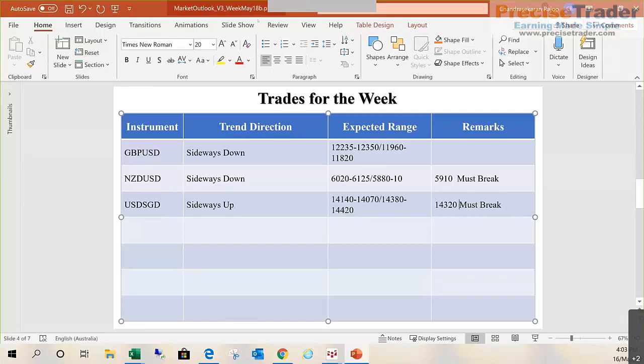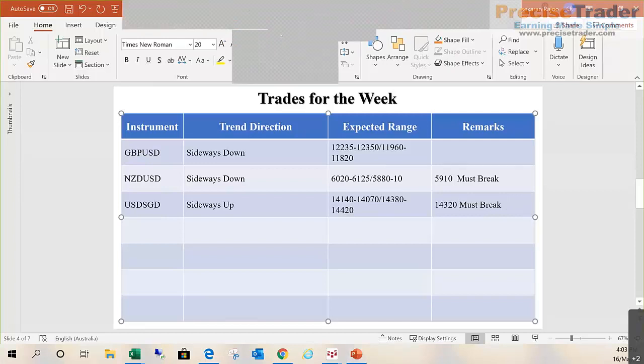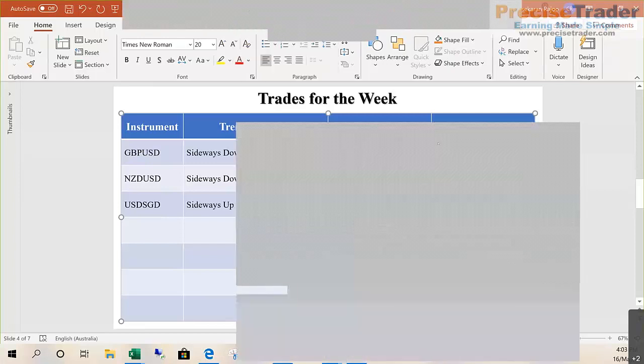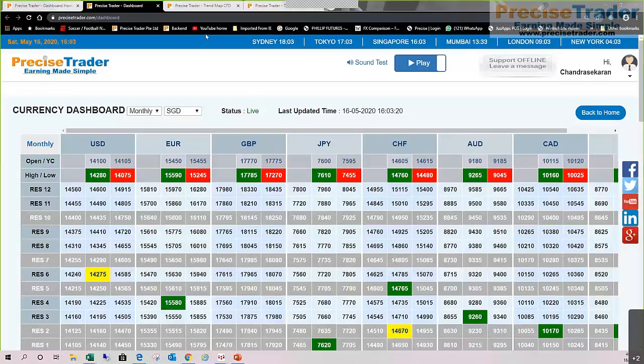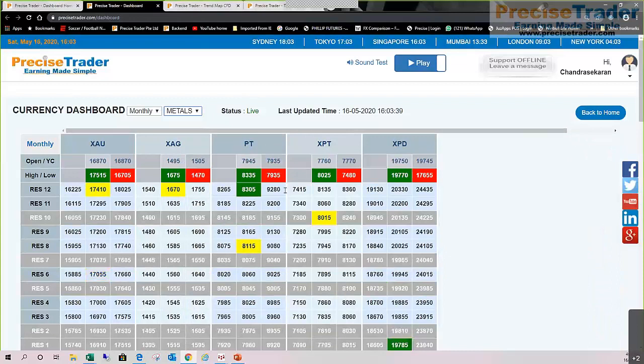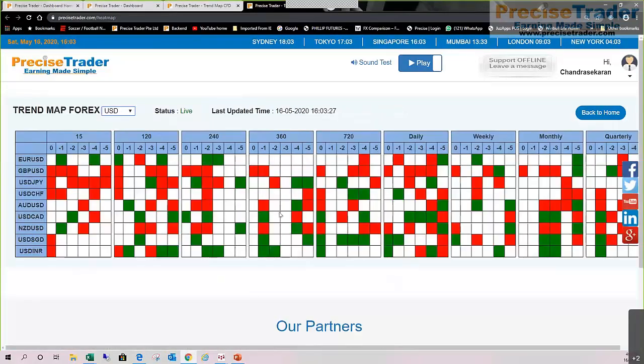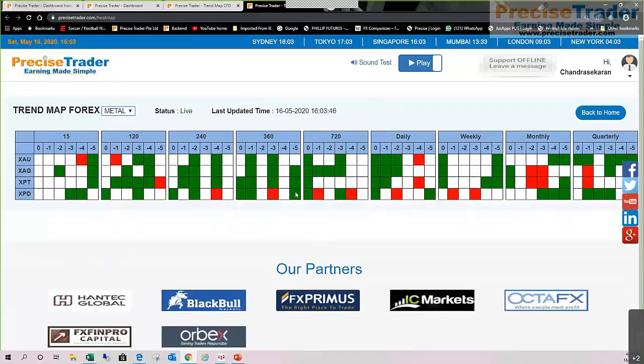And the next instrument we are looking at is gold. In fact, it has been up for the last 3 days in a row. There's a strong momentum building up, and it closed on the weekly on the positive.